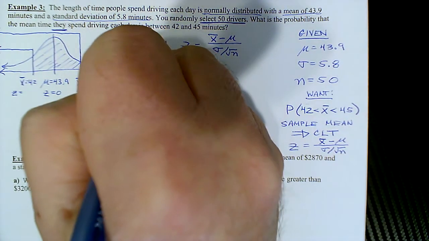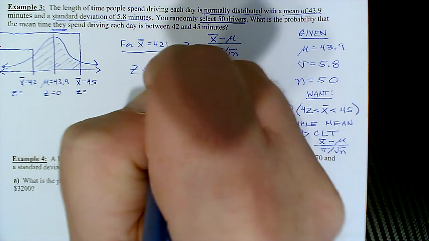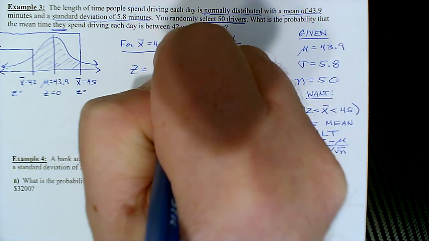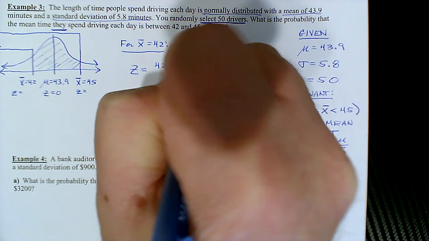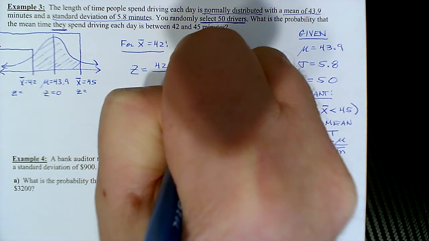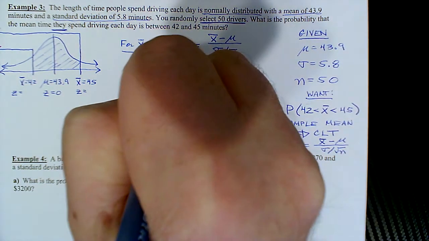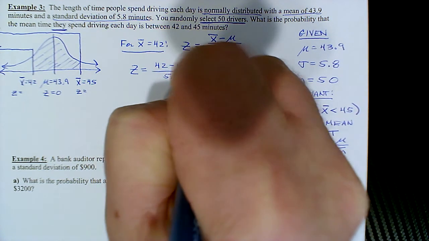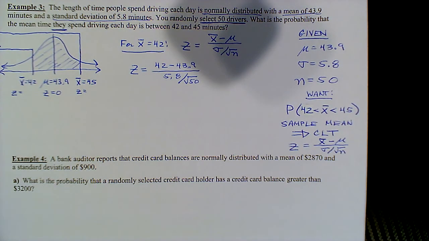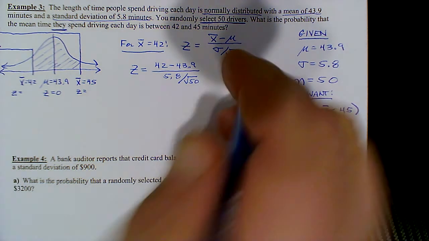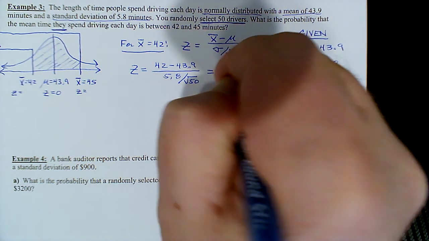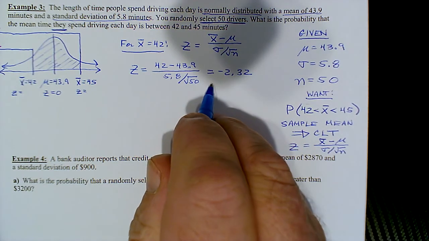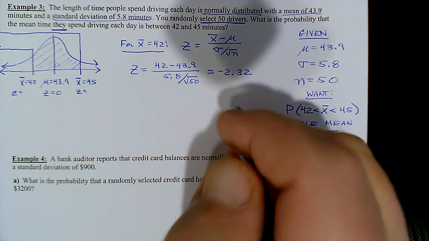So our z-score formula here gives us x bar is 42 minus the mean 43.9 over the population standard deviation 5.8, and then divided by the square root of n, which was 50. And if we crunch all that down, we get negative 2.32. And then we look that up in Table 4.